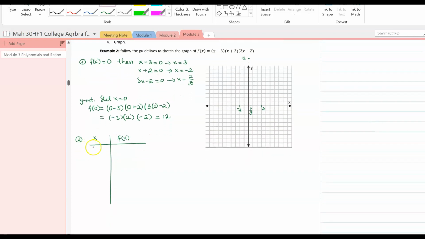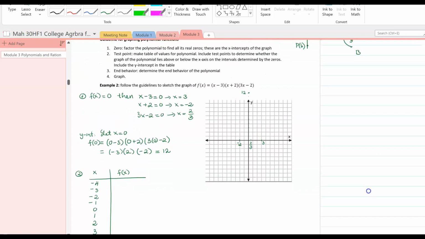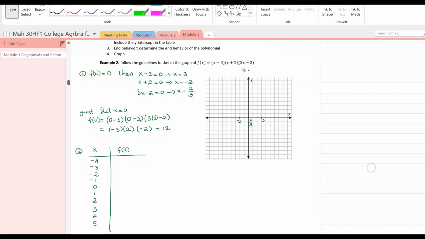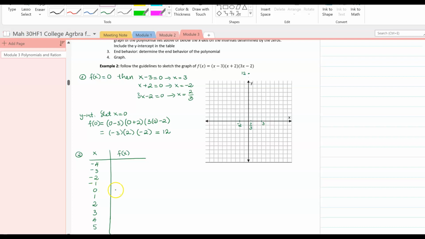So let's start at negative 4, negative 3, negative 2, negative 1, 0, 1, 2, 3, 4, and 5. And then we get the y. The y-intercept here is 12, so when x equals 0, we get 12.